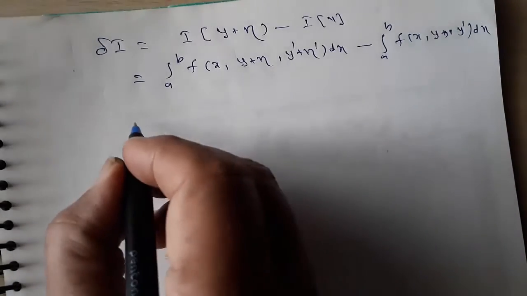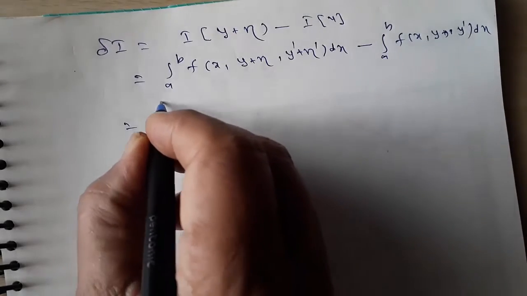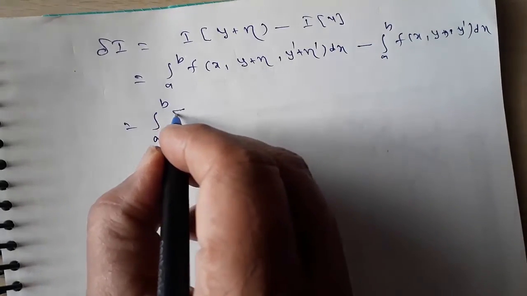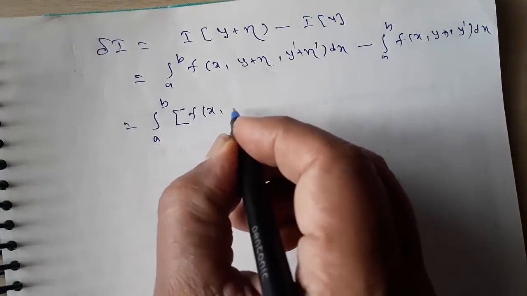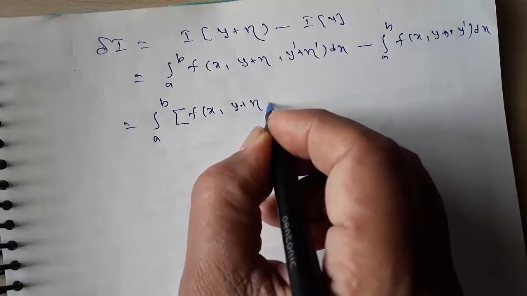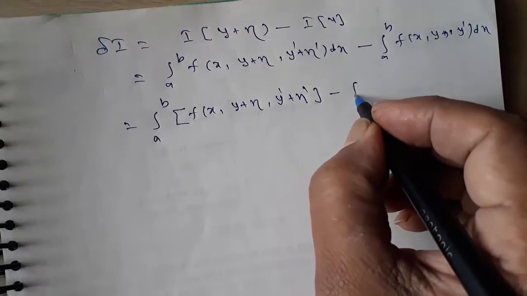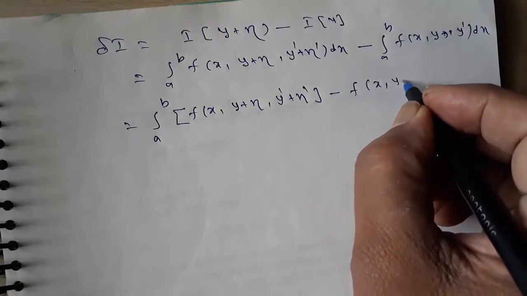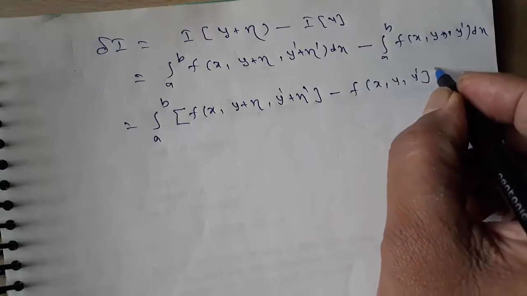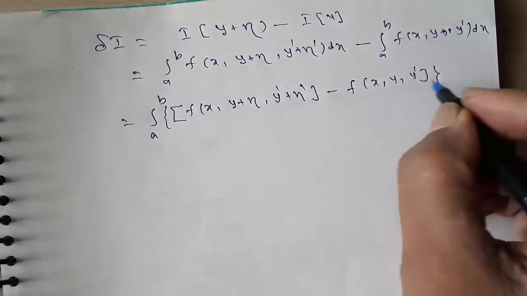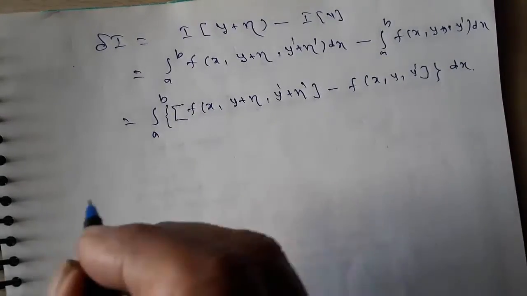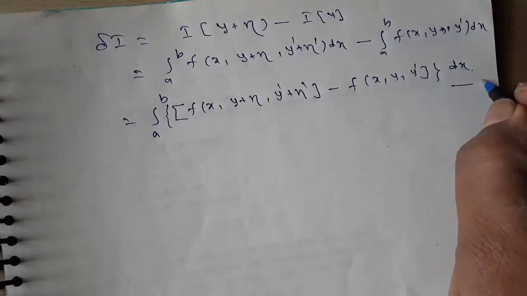This can be written as integral a to b of f of x, y plus eta, y dash plus eta dash minus f of x, y, y dash dx. This is equation 5.